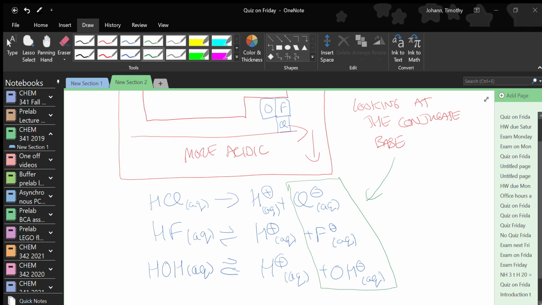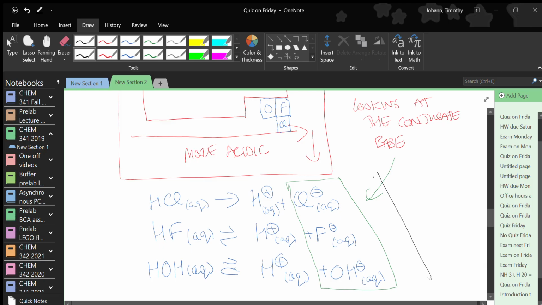Water would be the least or most acidic of the three? Least. And then more, and then more, because we get more acidic in this direction. So this tells us that things should get more acidic in this direction.